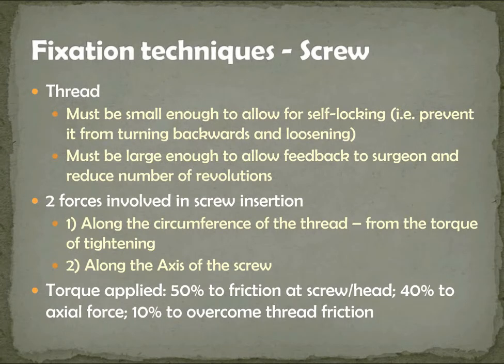When looking at torque applied in screw fixation, 50% of the torque force goes into overcoming the friction at the screw head interface, and 40% goes towards the axial force, and 10% to overcome thread friction.